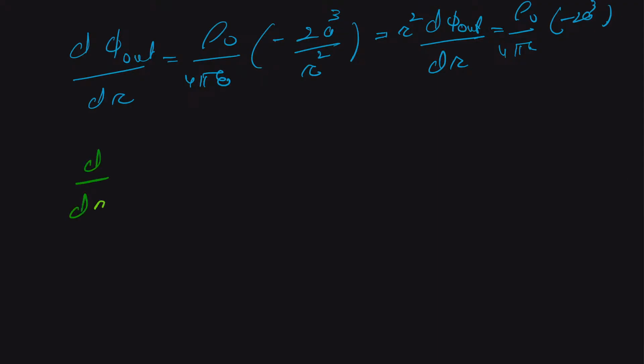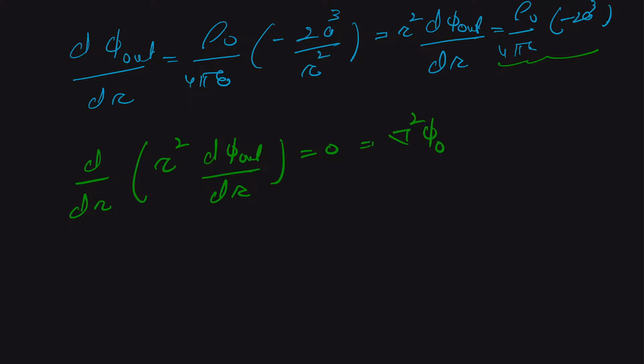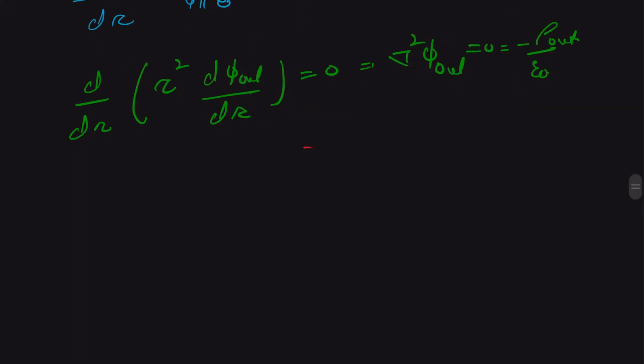So d by dr of r square d phi out upon dr, and this entire term is constant, so we get this equal to 0. It means the square of phi out is equal to 0, and this is nothing but minus rho upon epsilon naught for outside. Therefore we get that rho out is equal to 0 for r greater than a.